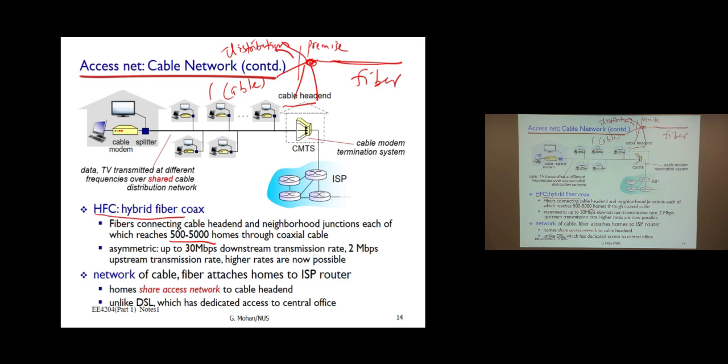And with this modem and this framework, up to 30 Mbps downstream transmission rate is achievable. You can go up to, let's say, 50 Mbps, or maybe up to 100 or something, but we are not able to go beyond that. So that's why there's a need for a fiber based network. Note that this cable network is a shared access network.